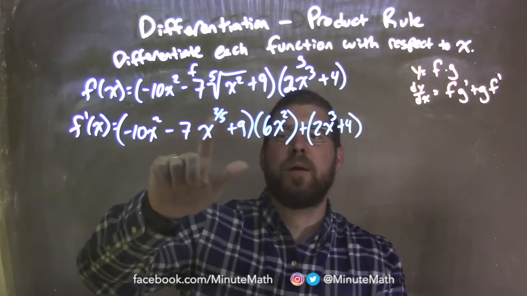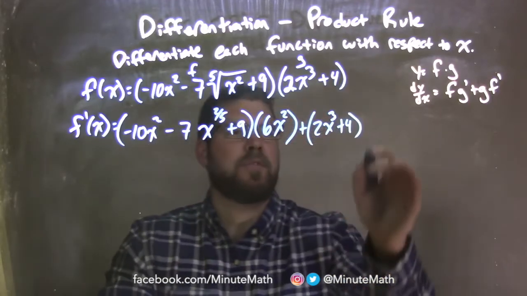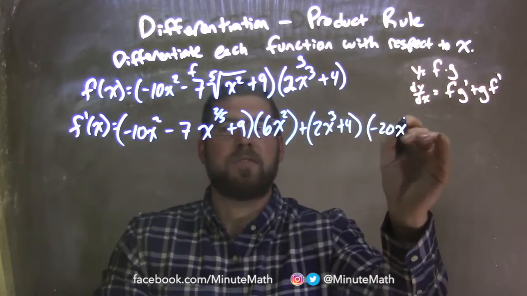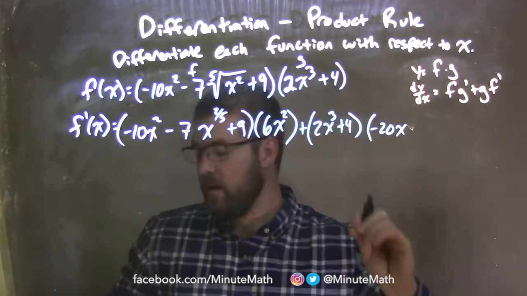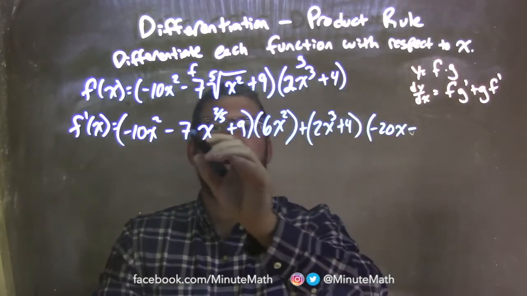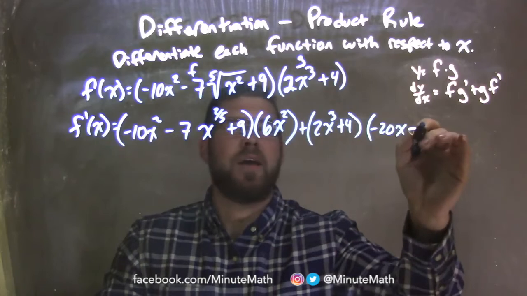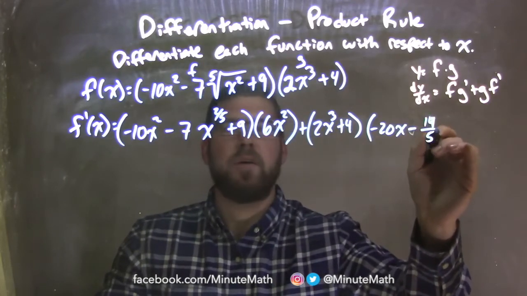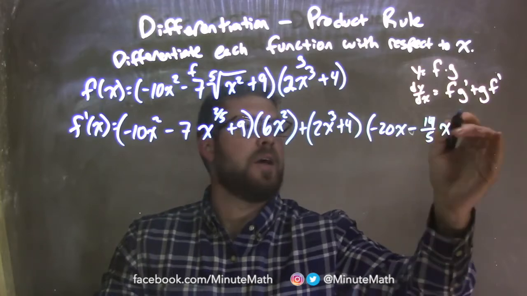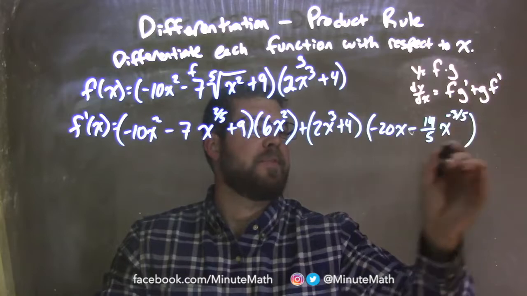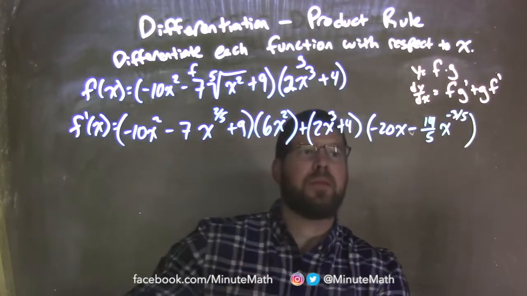I'm looking here when I deal with my fractional exponents so I can see what's going on. The derivative of that is negative 20x minus, well, 7 times 2/5 gives me 14/5, that's 14/5 x to the negative 3/5 power, and that's it, right? Because the 9 gets eliminated there.